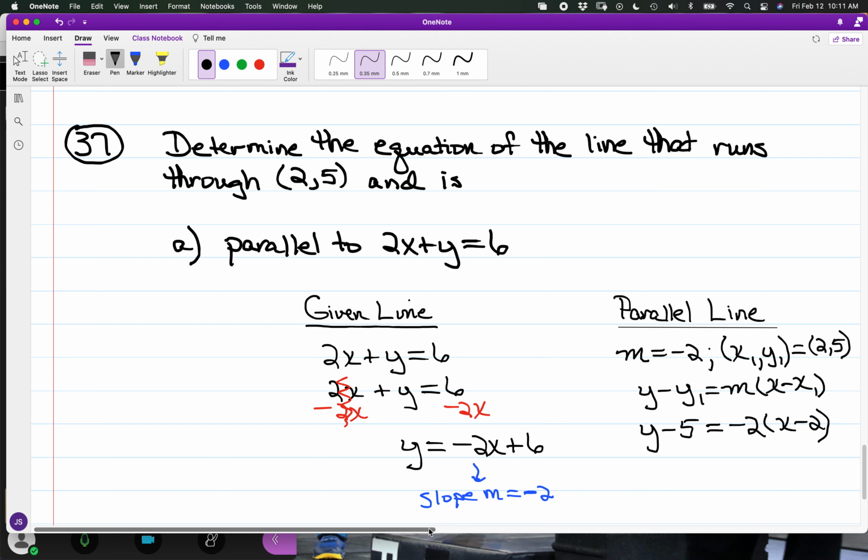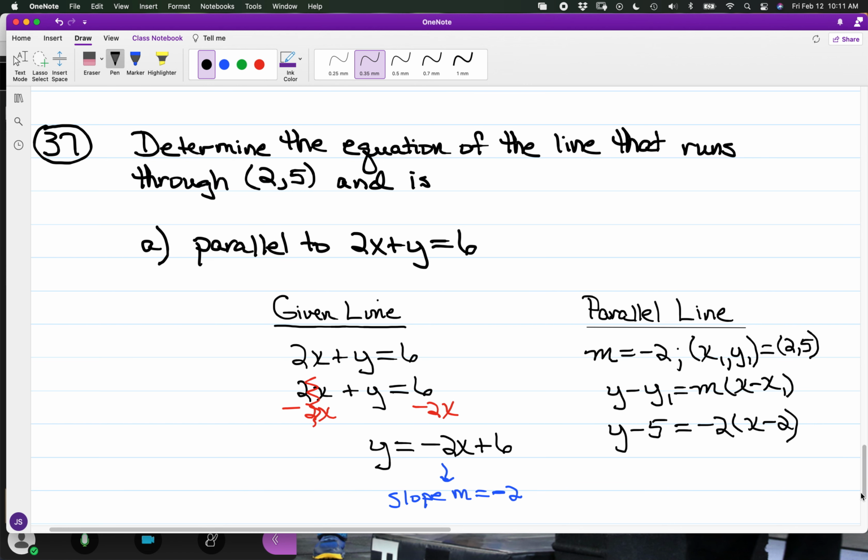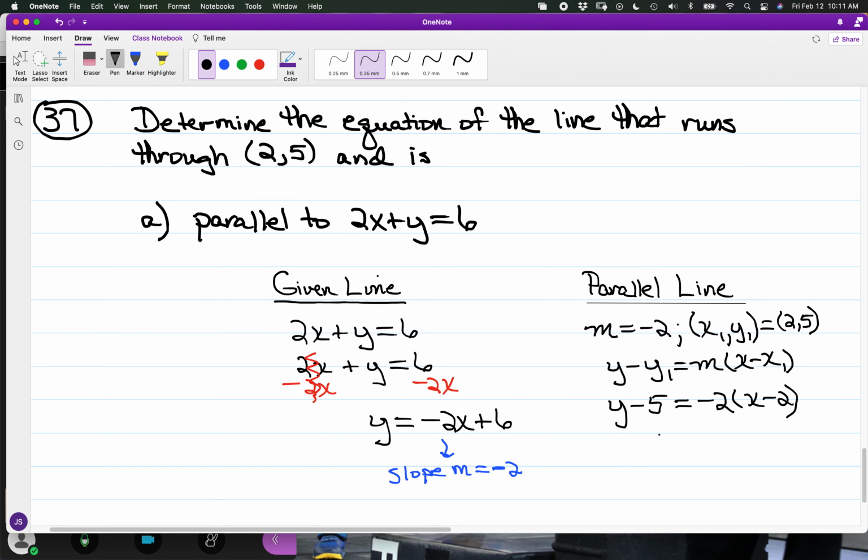So this is our point slope formula, and looking for the slope intercept. Okay, so you have y minus 5 is equal to -2x plus 4. Then we have upon adding 5 to both ends.